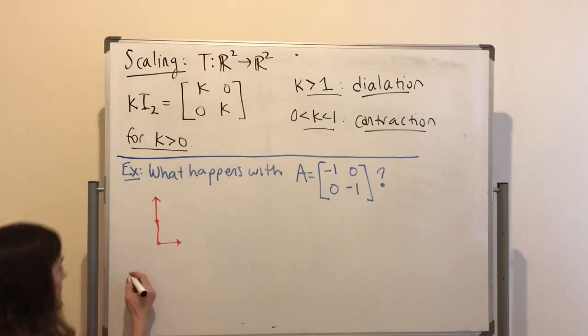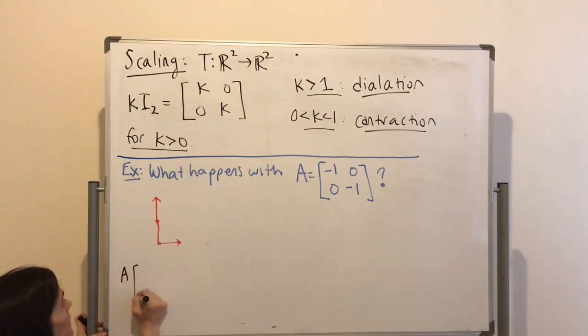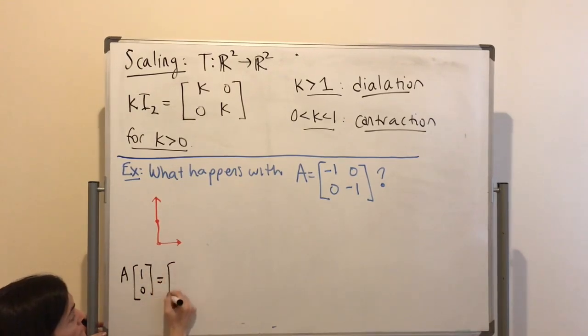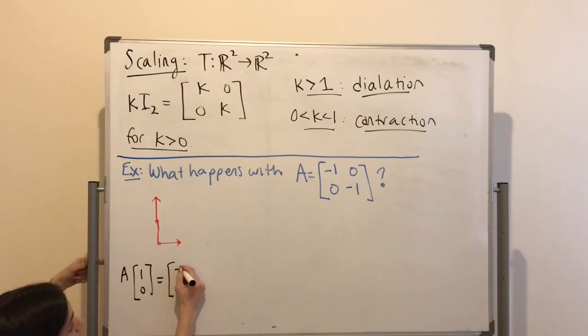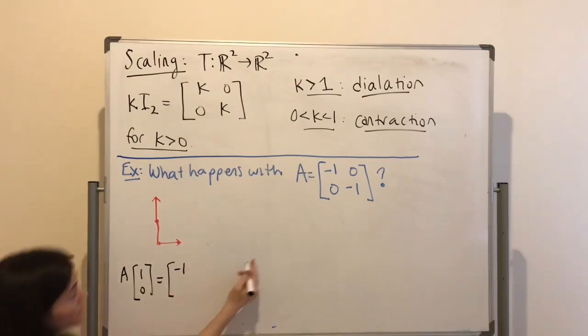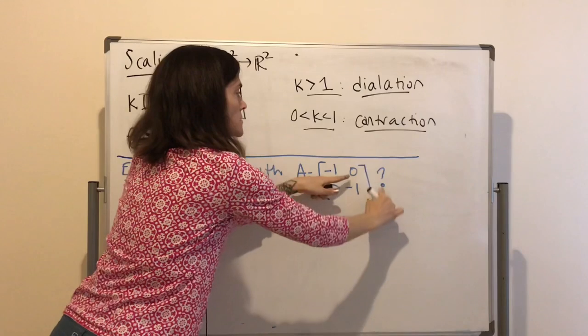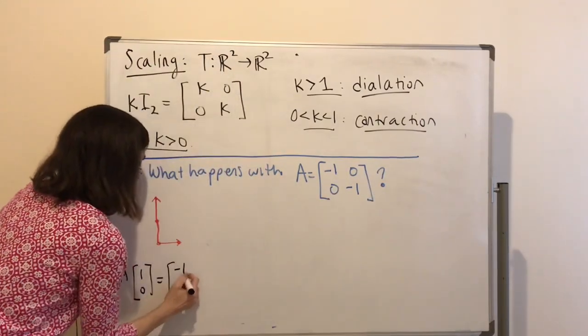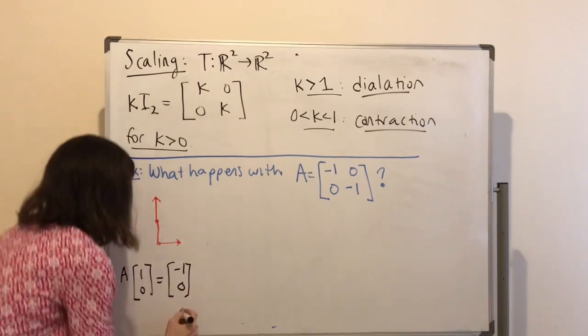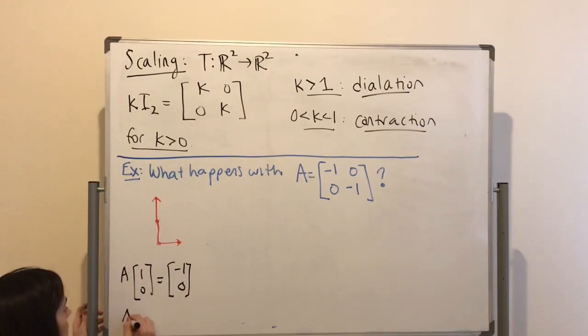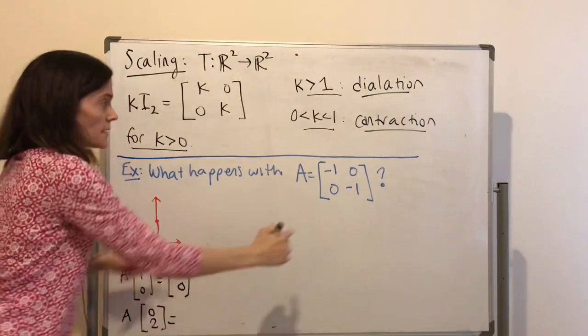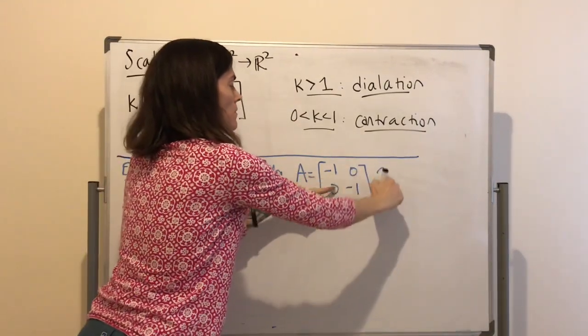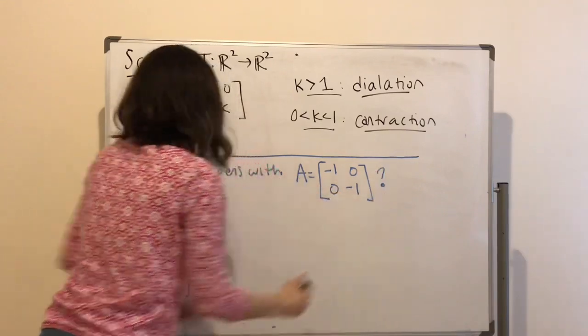If we take A of (1, 0), this is (-1, 0). And A of (0, 2), this would be (0, -2).